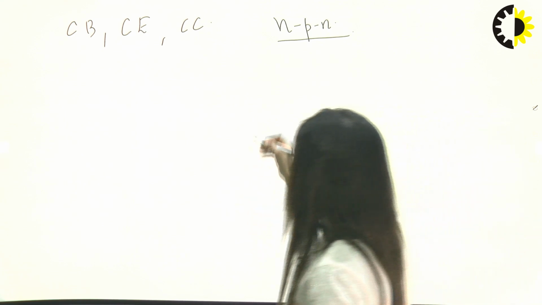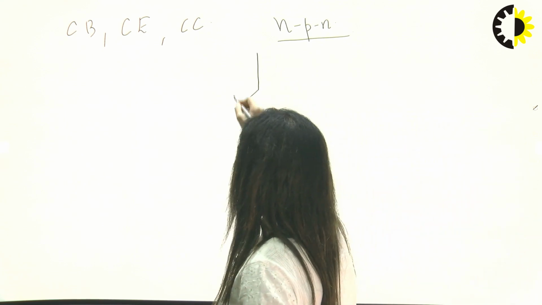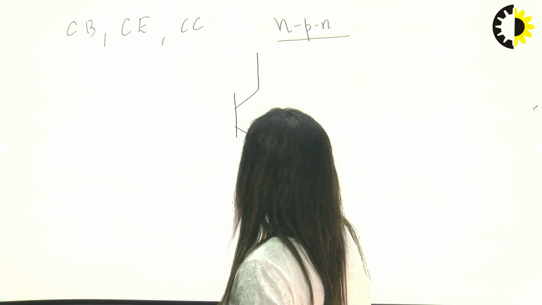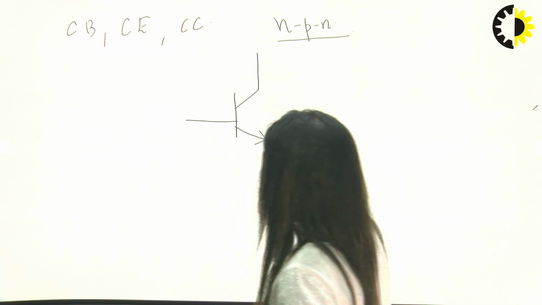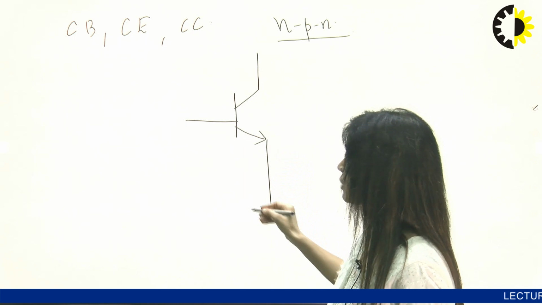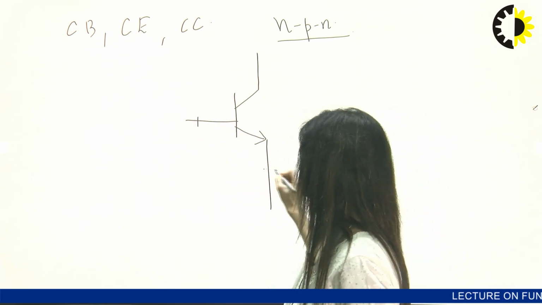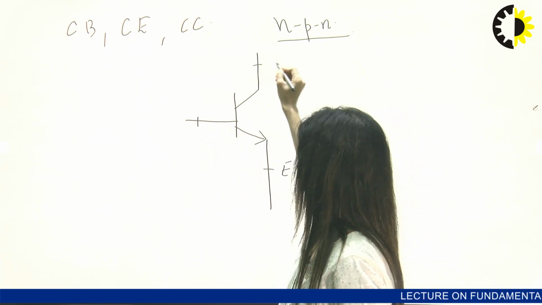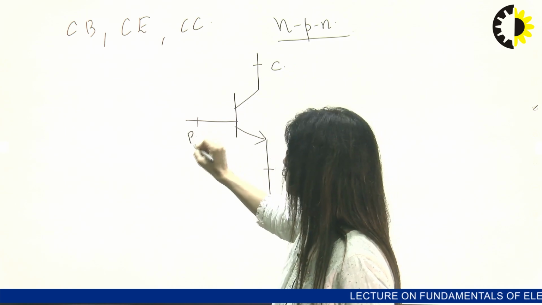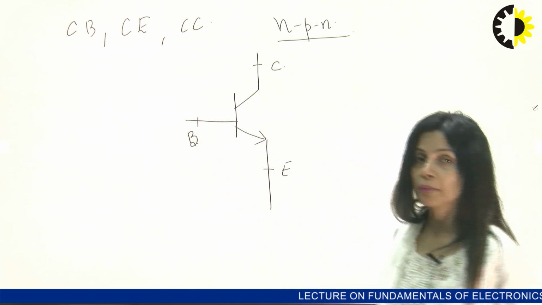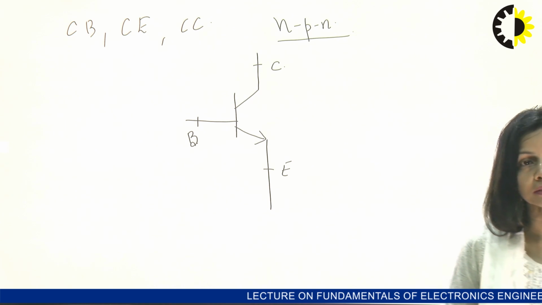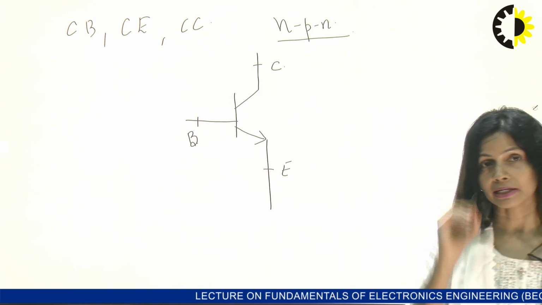Since it's NPN, I am putting the arrow outwards towards the ammeter. I am very specific about the points of emitter, base and collector.